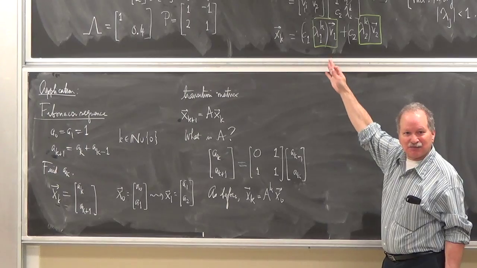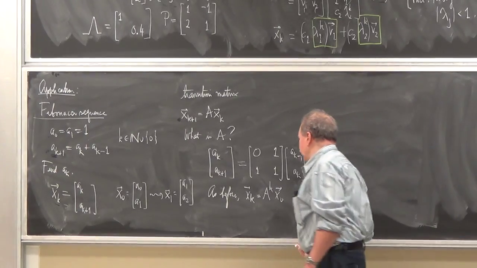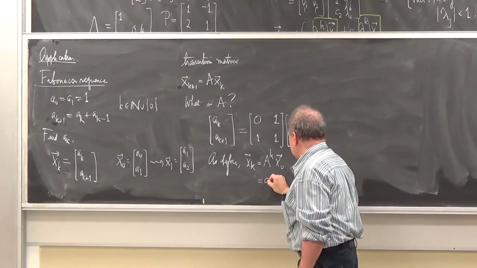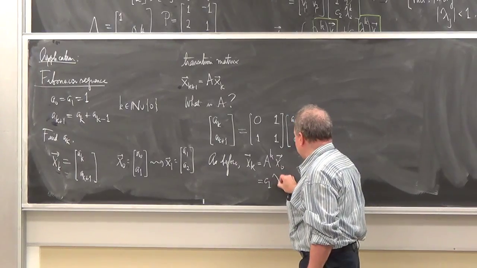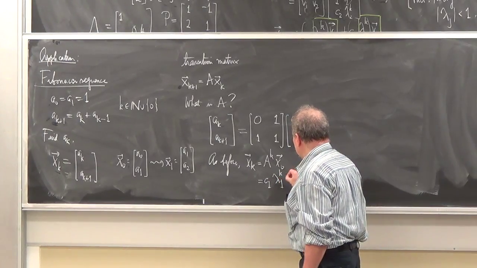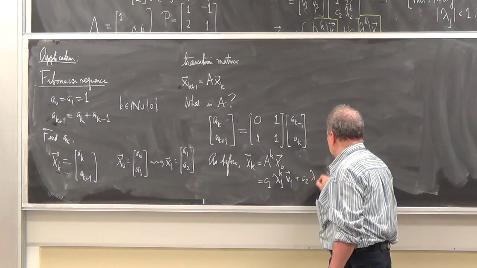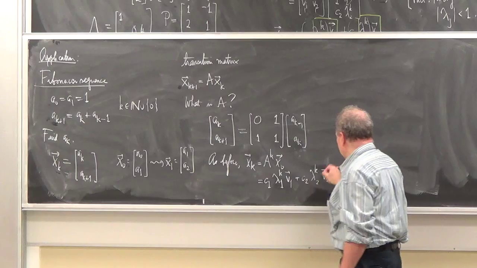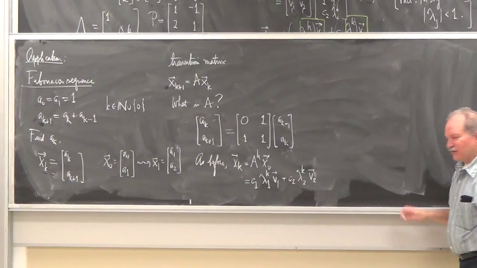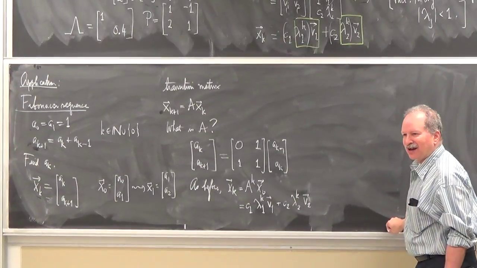I'm just going to use the same general concept. This is going to be some constant, which we'll figure out, times the first eigenvalue to the k times the first eigenvector, plus some constant times the second eigenvalue to the k times the second eigenvector. So let's find the eigenvalues and the eigenvectors.